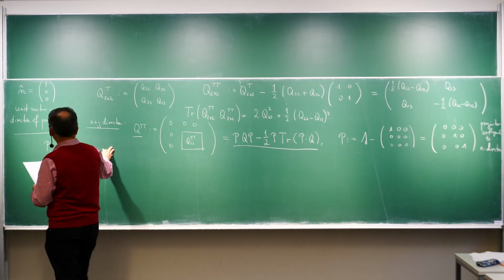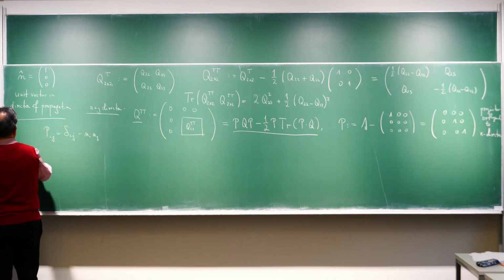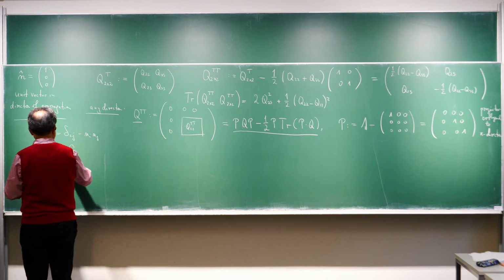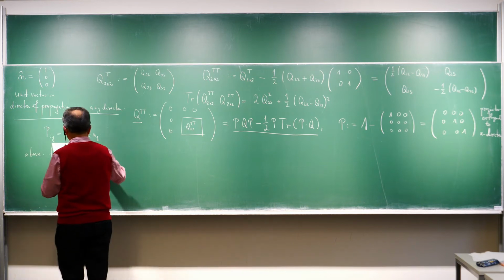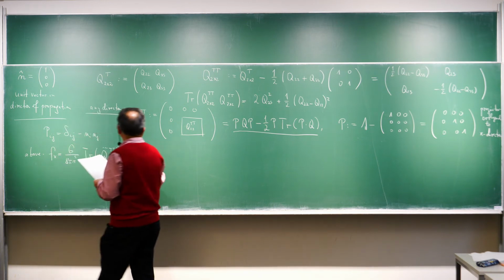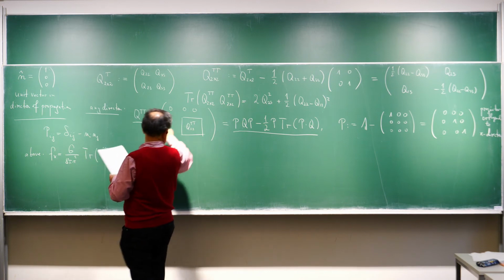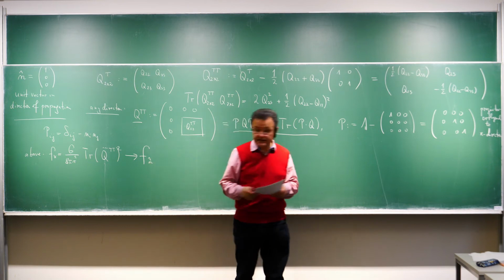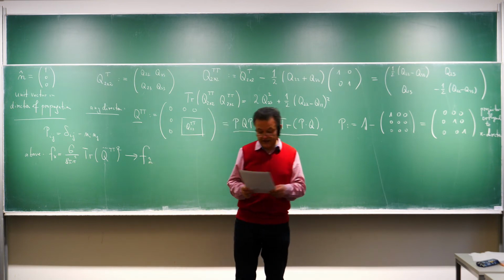Now above we had the following expression for the flux, which was G over 8 pi r squared, and then the trace of Q triple dot transverse traceless squared. And this can now be generalized by using this form to the flux in any direction specified by n.